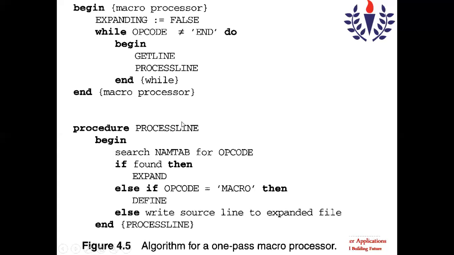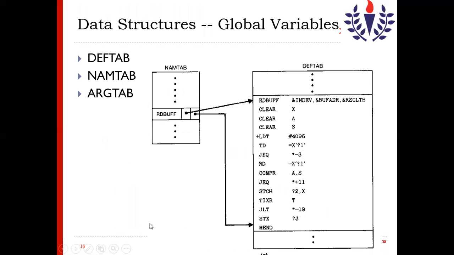If that name is found, that means the macro definition is already there, and it will expand. Otherwise, if the opcode is equal to macro, it goes to the definition of the macro, and then process line is done.